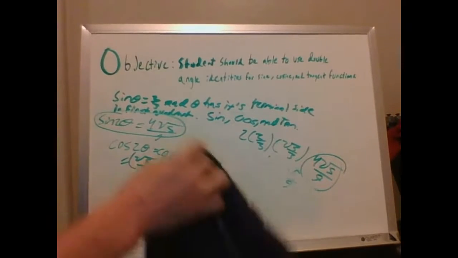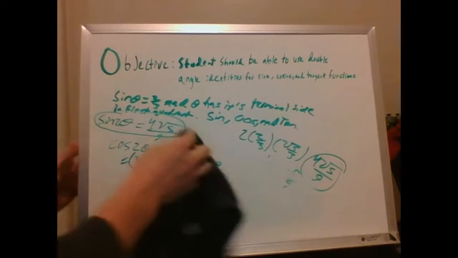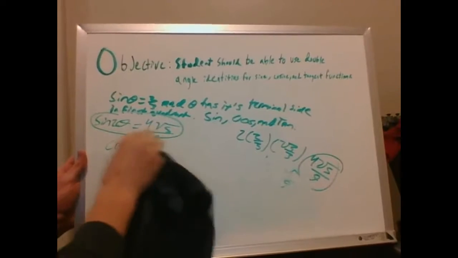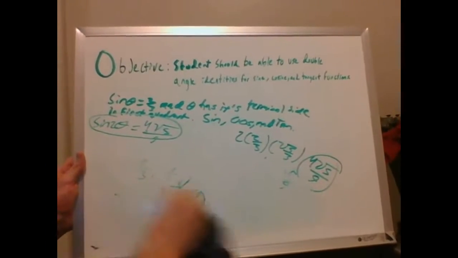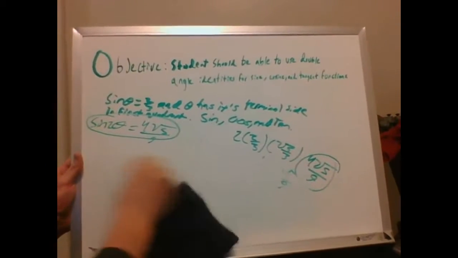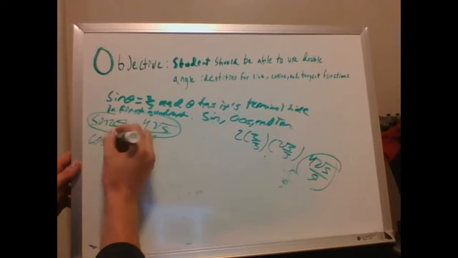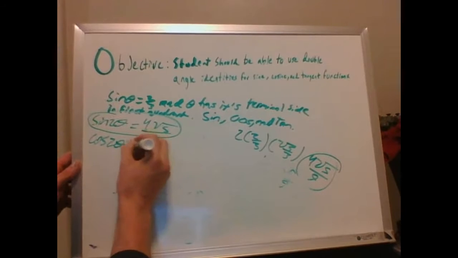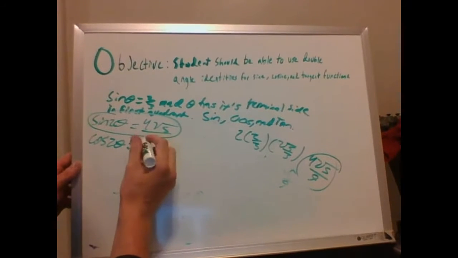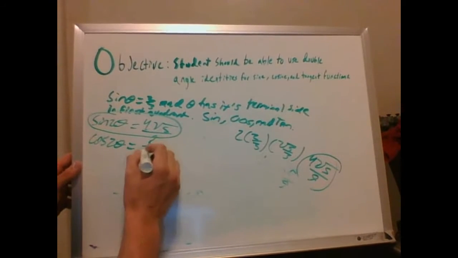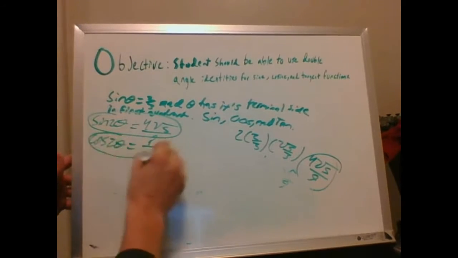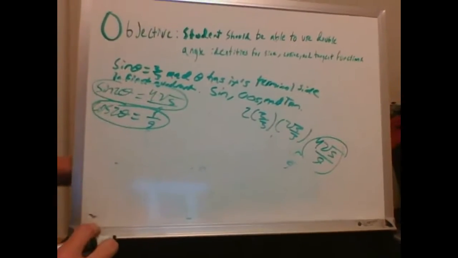Let me erase this and just write the answer for you. Sorry. Alright. So we'll have cosine 2 theta equals, what did we have? 1/9? Yeah. So it's the second answer we're looking for.